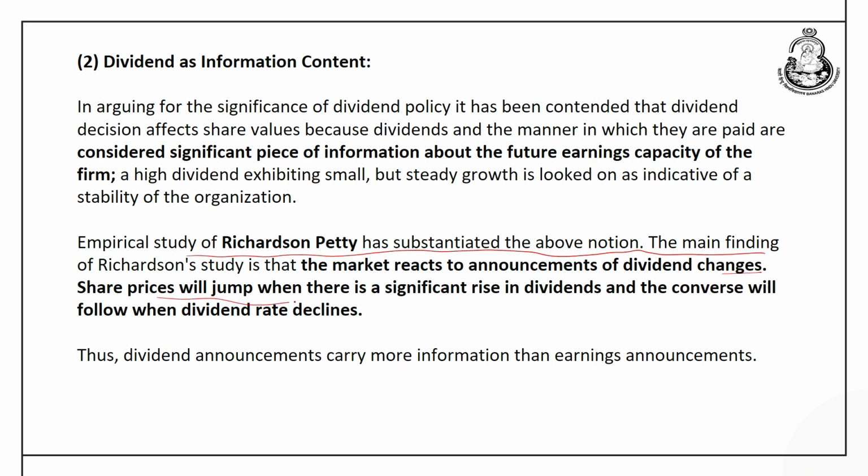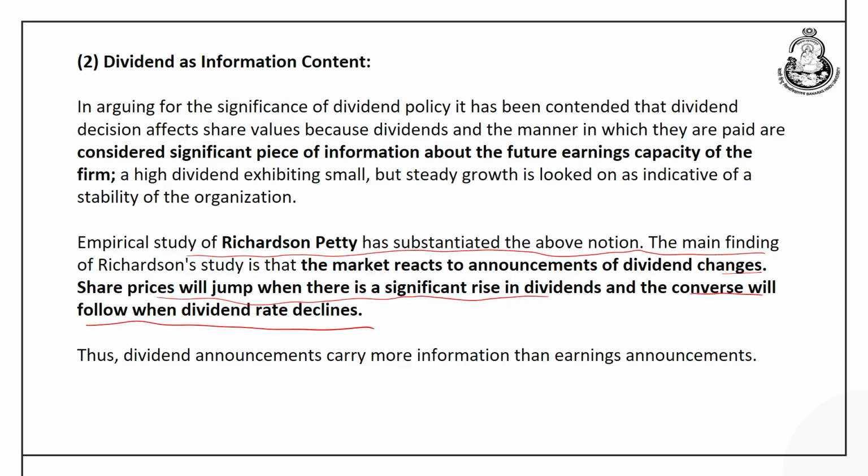Share prices will jump when there is a significant rise in dividend, and the converse will follow when the dividend rate declines. We have also seen that there are three theories of market efficiency, which say a market can be weak, semi-strongly efficient, or sometimes strongly efficient.